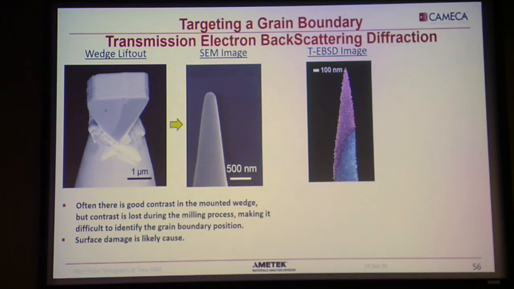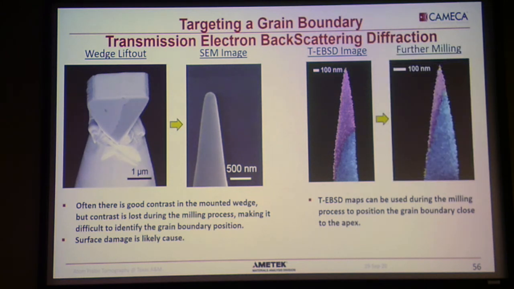It has to be close to the apex so that you can minimize the time that you analyze and make sure that you reach the region of interest every time. So you can keep going and, for example, in this case, get the grain boundary closer to the apex and make sure that you can start analyzing it.